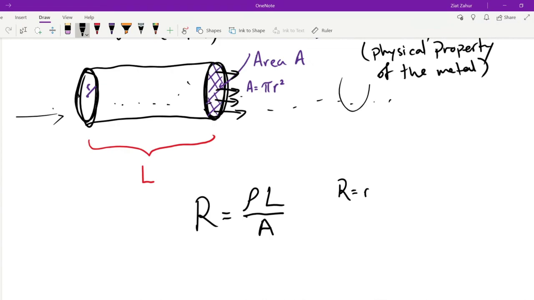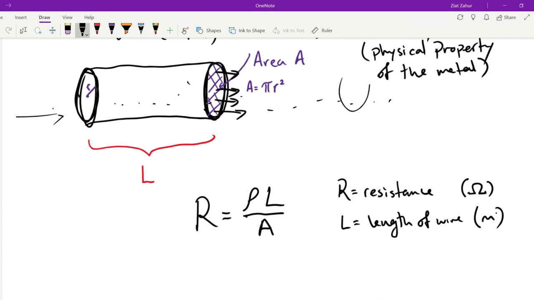R is resistance, measured in ohms, omega. L is the length of the wire, measured in meters. A is the area of the cross-section, measured in meters squared, so you have to convert all of your units to SI.